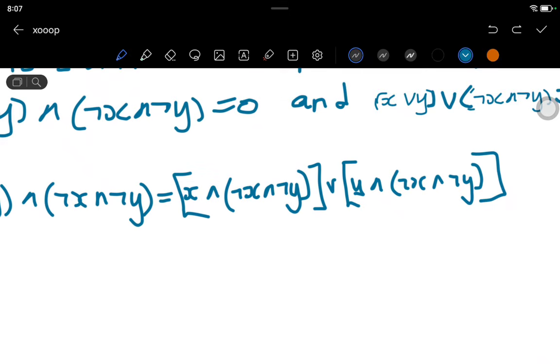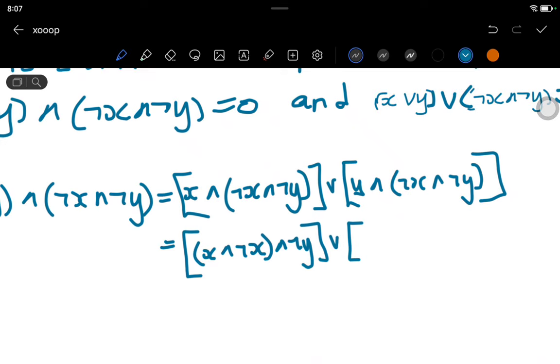Here we're applying associative, we shift brackets. On the other one, we are forced to shift the statements, which is commutative law.